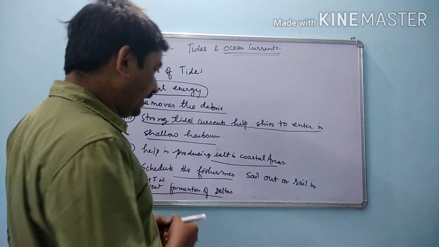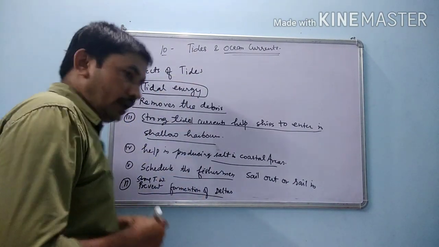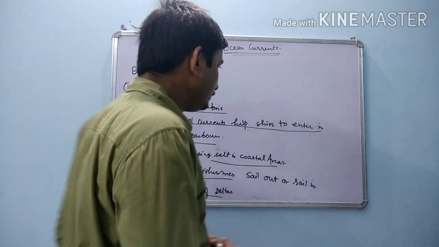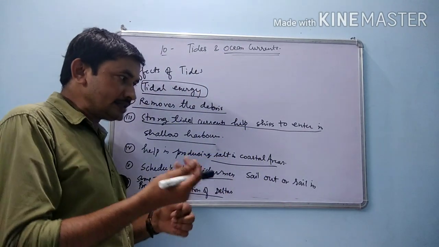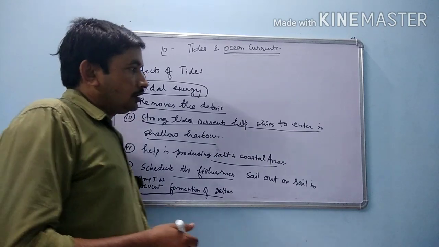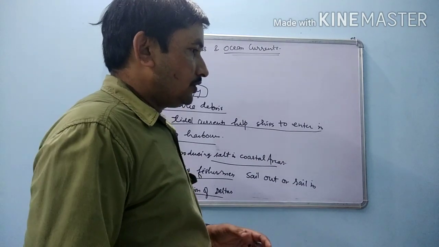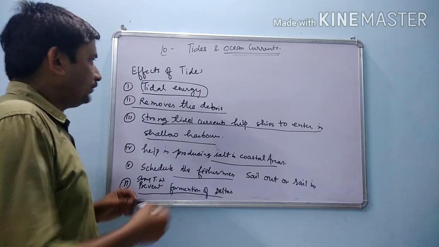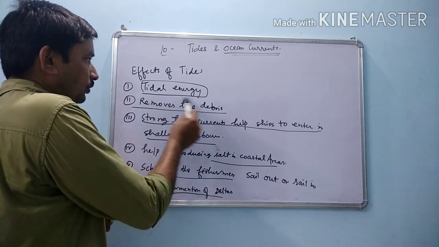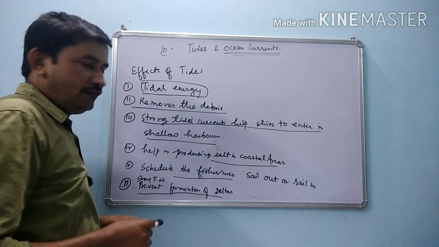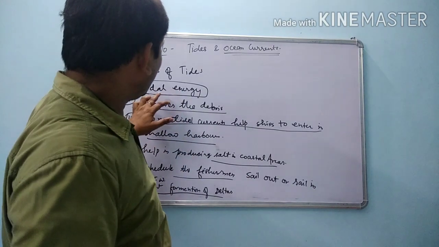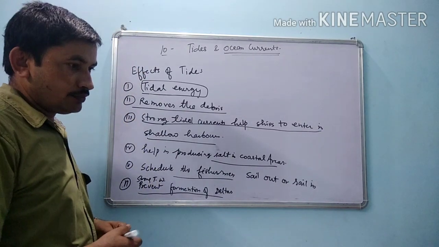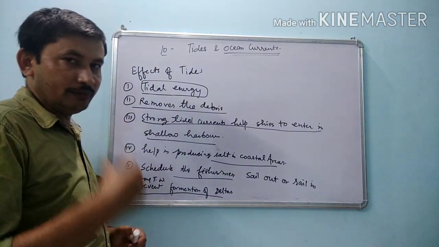So in this way, tides are very helpful for human beings, and they also balance nature. They are mostly effective and useful for tidal energy. It is now a future plan for governments to focus on this energy because fossil fuels are limited.